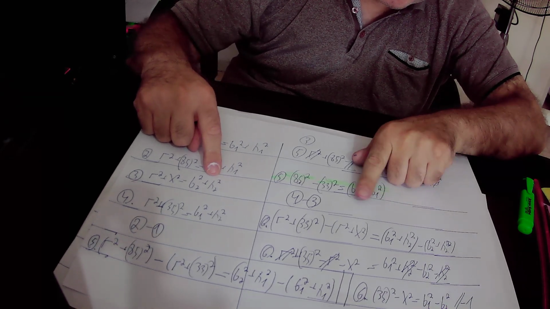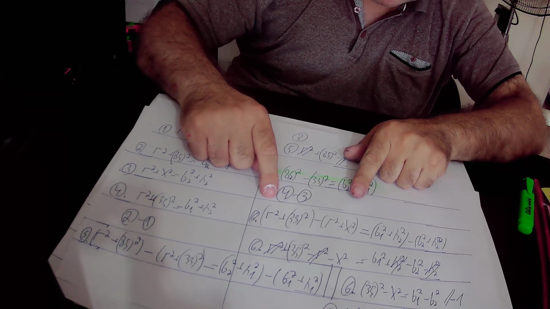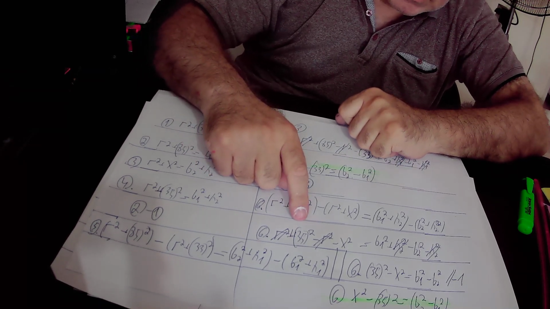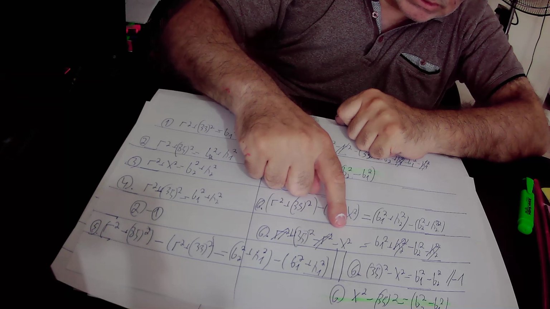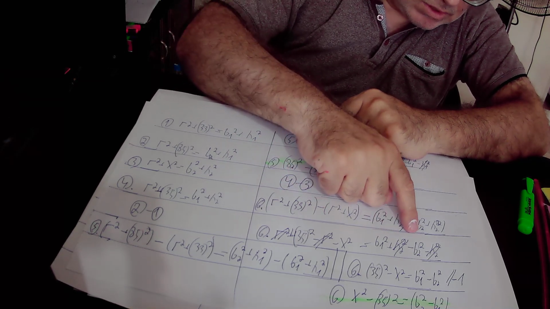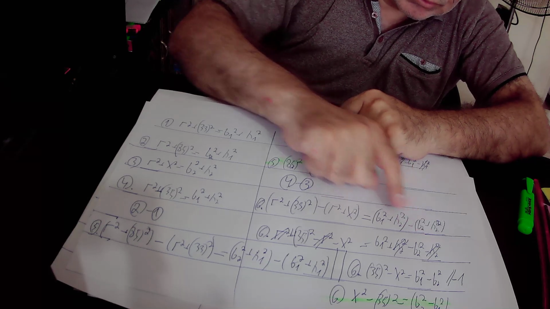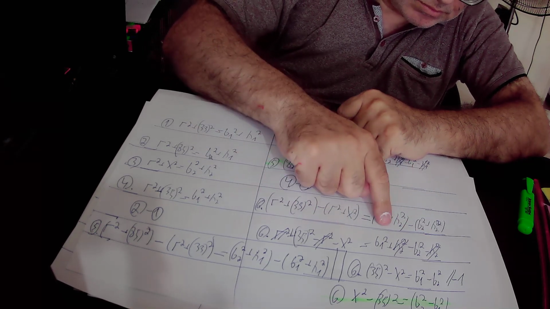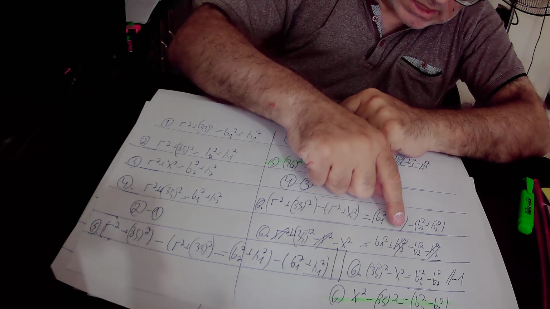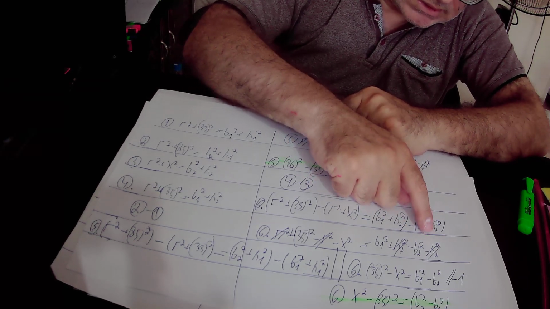Then we open the brackets and found out that R square plus 35 square minus R square minus X square equals B1 square plus H2 square minus B2 square minus H2 square. R square minus R square is 0, and H2 square minus H2 square is 0.